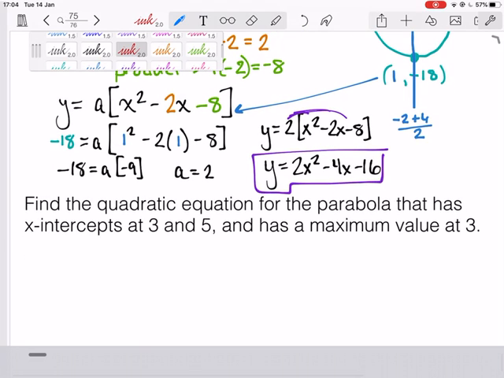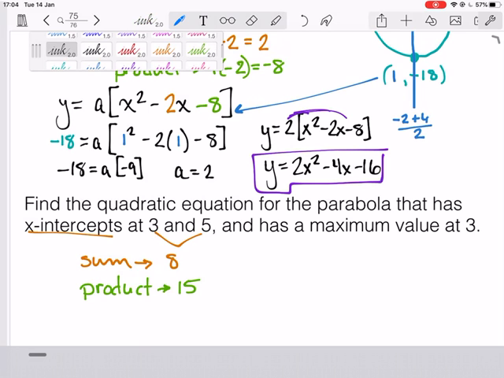All right. So finding the quadratic equation, again, we're doing the same thing. I first need to figure out my sum and my product from my x-intercepts. So my sum, when I add my 3 and my 5 together, will be 8. And then my product, when I multiply, will be a positive 15.